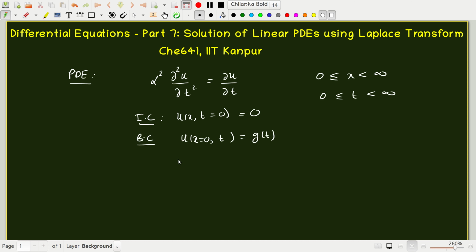Okay, and the other boundary condition is that as x goes to infinity, at all times t greater than 0, the temperature is 0. So the objective is to find how the temperature varies as a function of space and time at all t greater than 0.